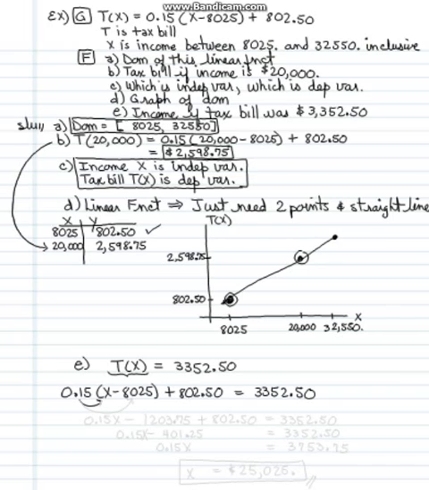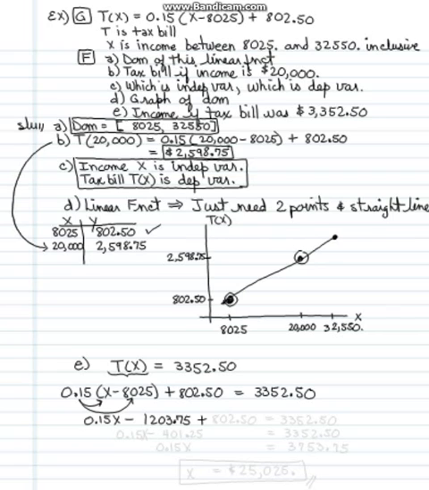Well, step one, get rid of fractions. Well, I mean, we could get rid of fractions, but better yet, let's just distribute multiplication by 0.15. We get 0.15 times X minus 0.15 times 8025, which gives me 1203.75.